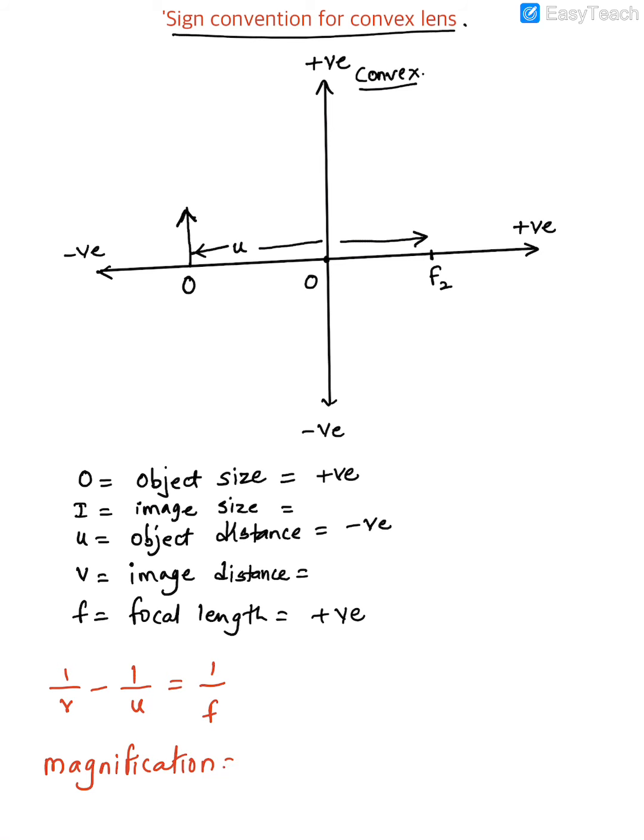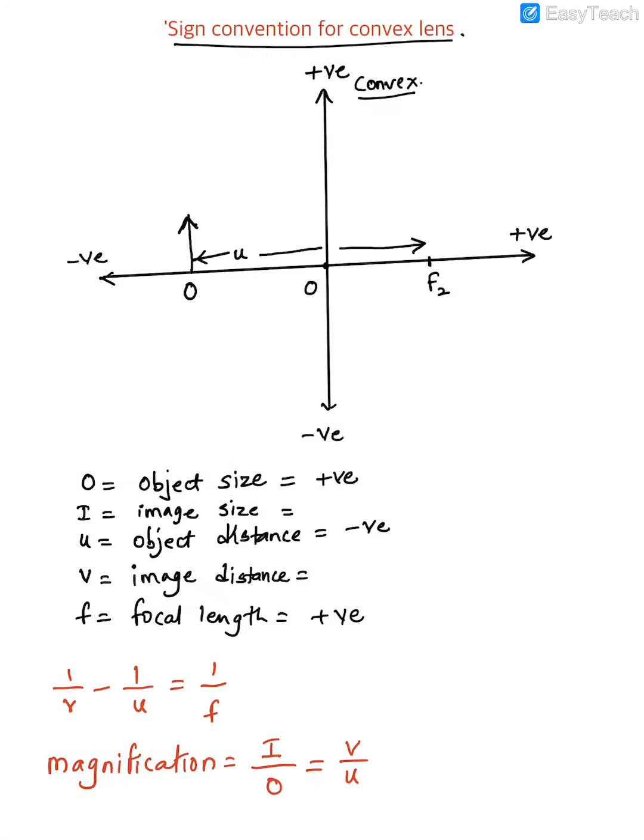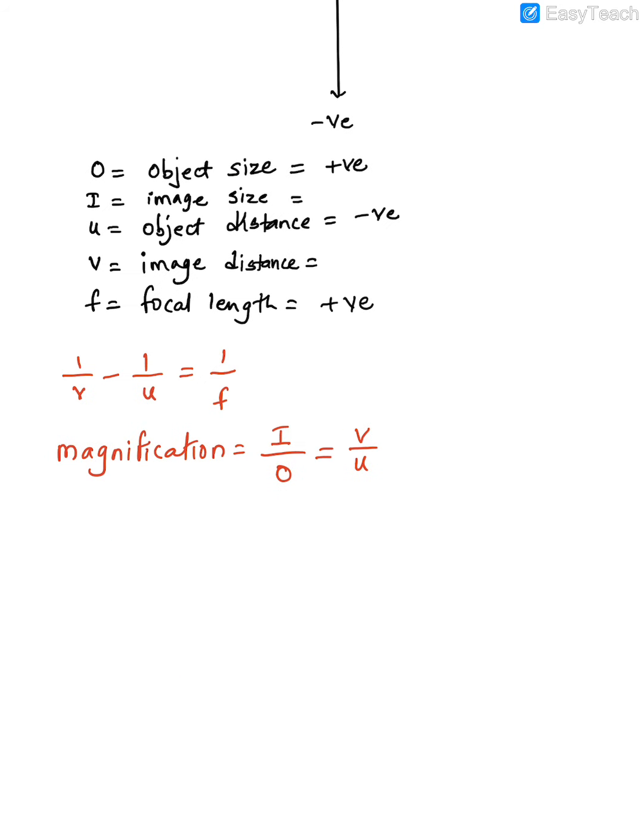Guys, look, magnification is given by I upon O, image size upon object size, or it is also the ratio of V upon U, image distance upon object distance, along with the signs. If the signs are positive or negative, you will have to consider that also. Now I'll explain a few more things you need to note.